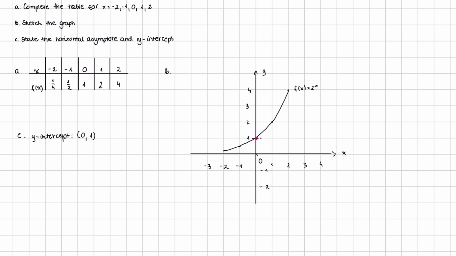And now we have to state the horizontal asymptote. Horizontal asymptote means that it's for sure a horizontal line, and asymptote means the line which will not be crossed by our function.